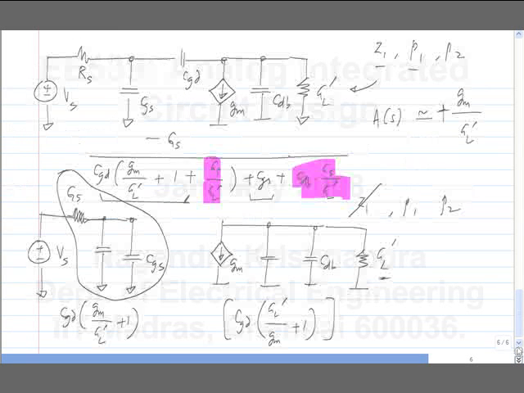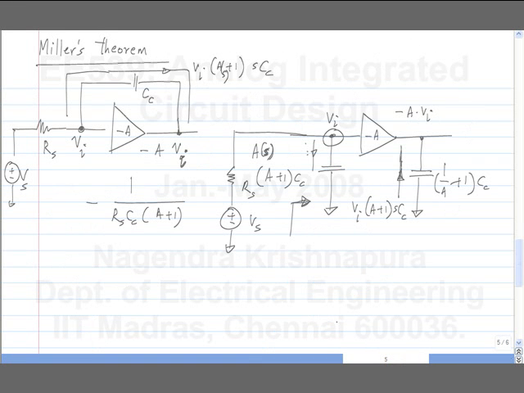Any other questions on the common source amplifier or the Miller effect? So the bottom line is the common source amplifier gives you a second order response with a right half plane 0, and the right half plane 0 is also significant.